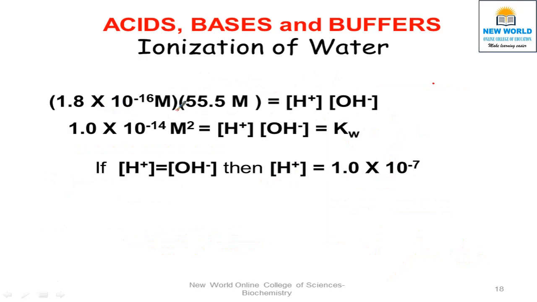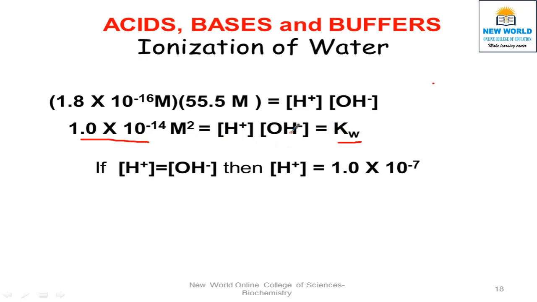So this is the equilibrium constant and this is the concentration of water. The value of the ion product of water: if you multiply the hydrogen ion concentration and the hydroxide ion concentration in an aqueous solution, you get 1 times 10 to the power of minus 14 molar squared, which is the Kw.